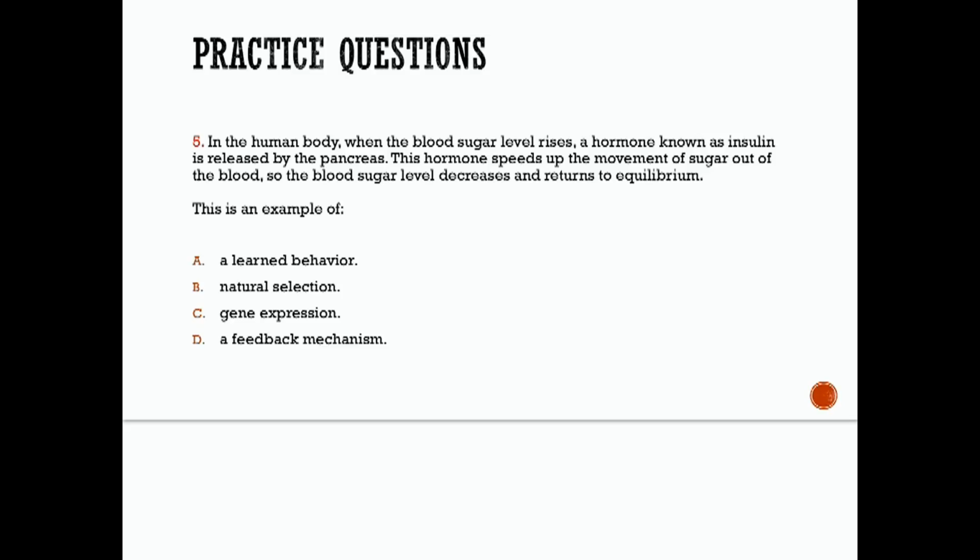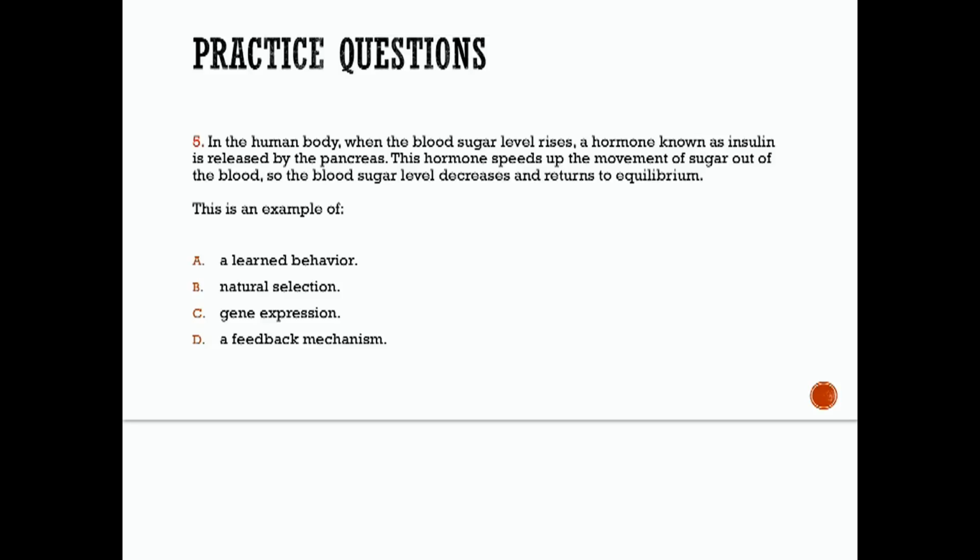Number 5, in the human body, when the blood sugar level rises, a hormone known as insulin is released by the pancreas. This hormone speeds up the movement of sugar out of the blood, so the blood sugar level decreases and returns to equilibrium. So this is an example of what? If you remember when we talked about positive and negative feedback loops, this was one of our examples.